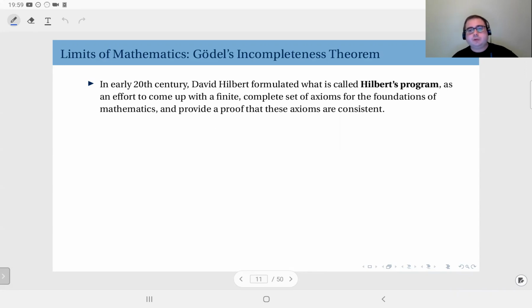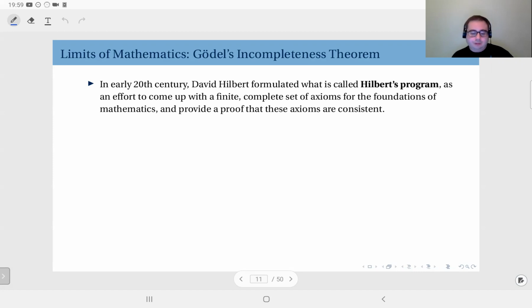But the foundations of mathematics is extremely important because your proofs are based on those foundations. So in the early 20th century, German mathematician David Hilbert formulated what is called Hilbert's program, because then there were talks about some contradictions in foundations of mathematics. So the results based on them were in question.